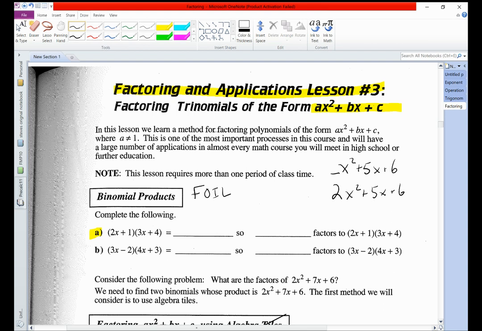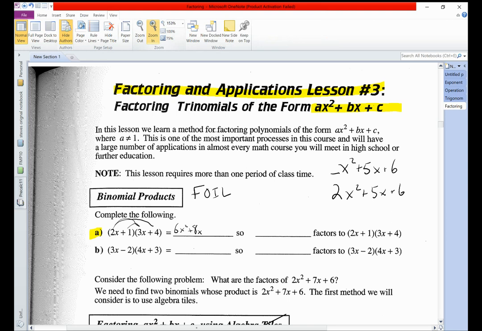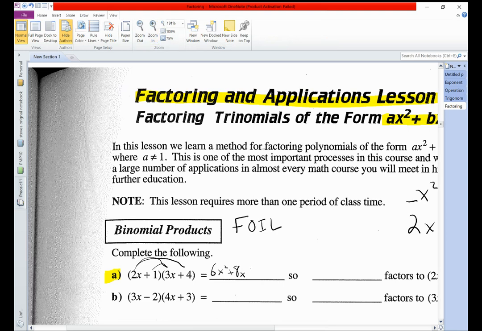So if we're foiling this, we start by multiplying the first terms together. 2x multiplied by 3x gets us 6x squared. And then the outside terms, 2x multiplied by 4 gives us 8x. And 1 multiplied by 3x is plus 3x.